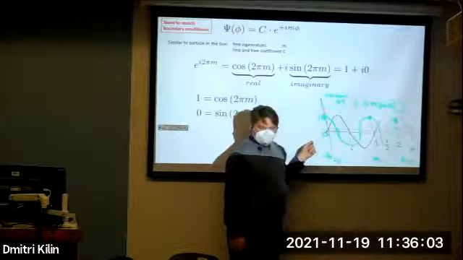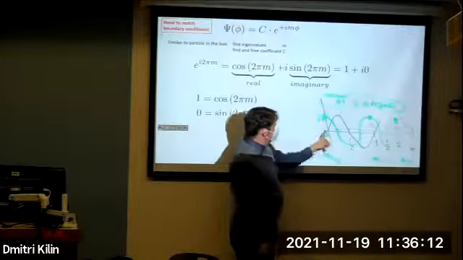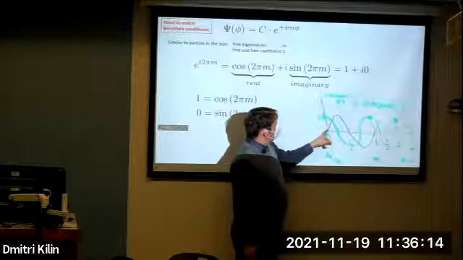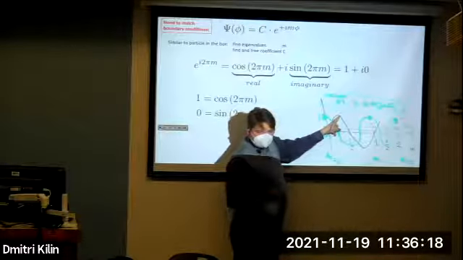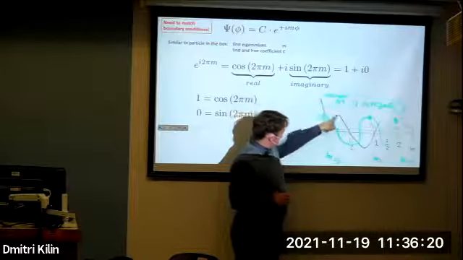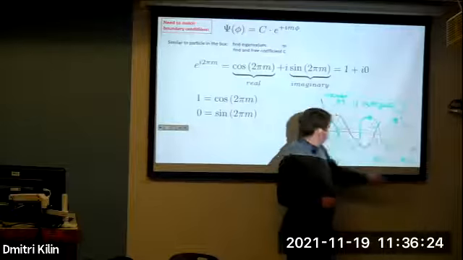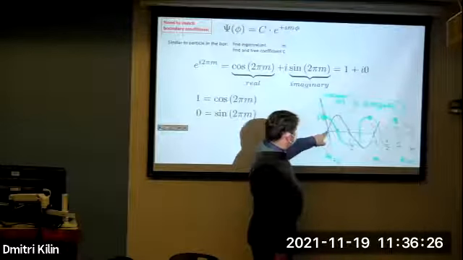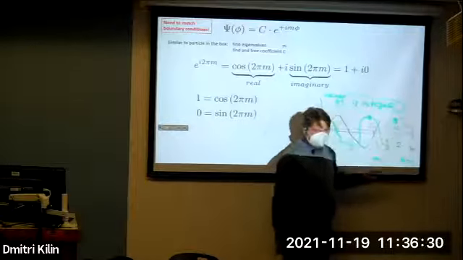Right. So I'll start with sine. Blue line here, sine 2 pi m, and m is our independent variable. Anytime sine crosses the x-axis, it will be a solution. So we get solutions at 0, 1/2, 1, 3/2, 2.